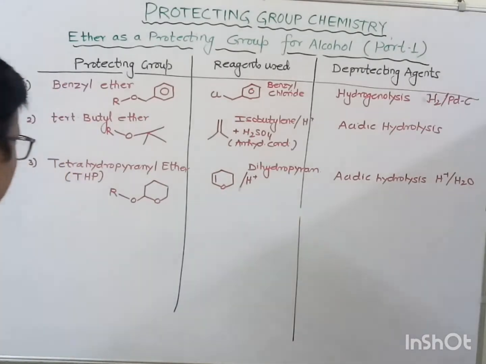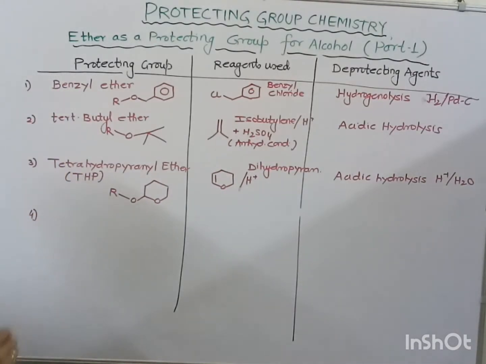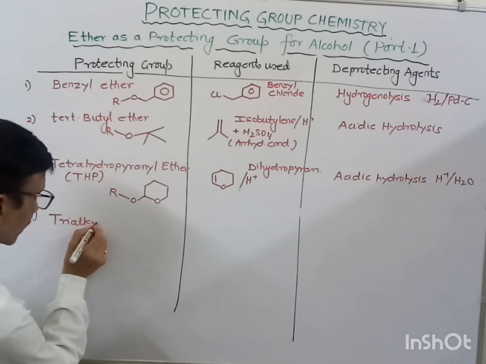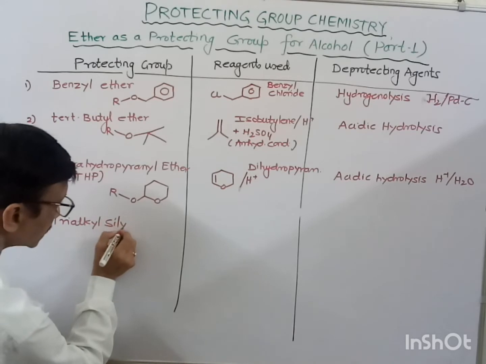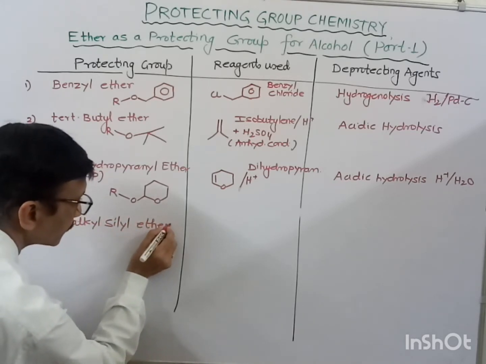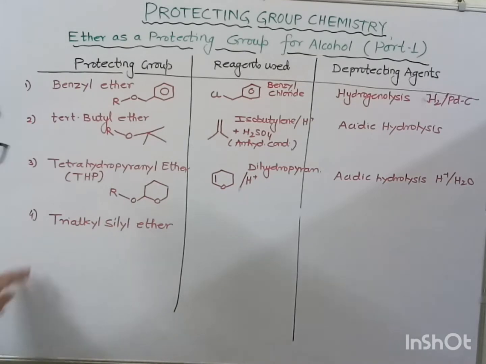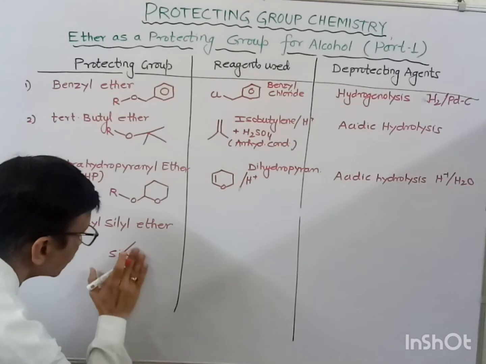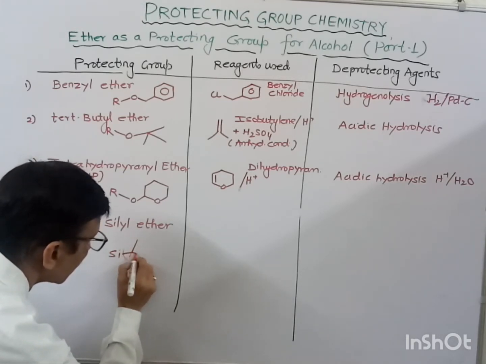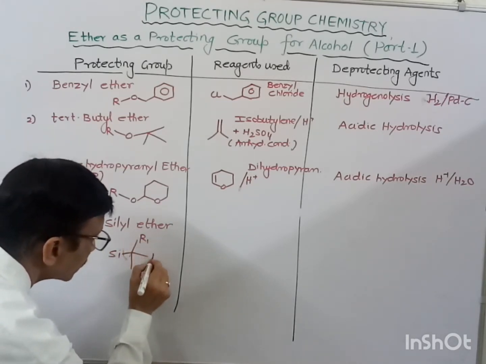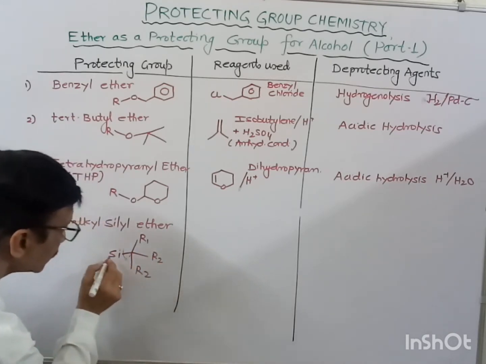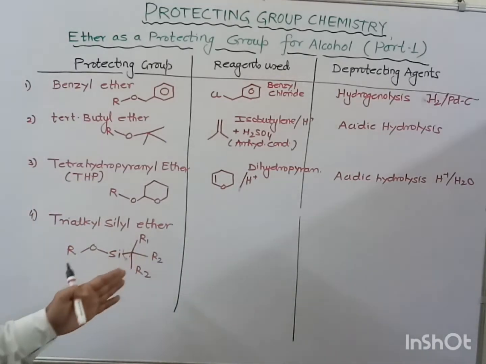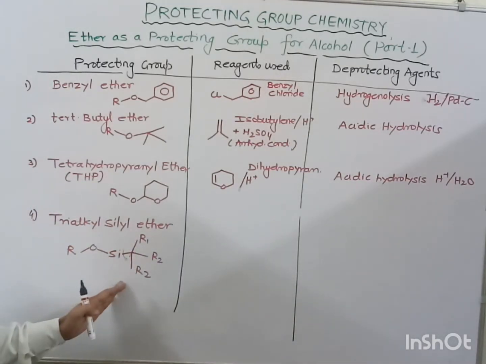Okay. Now, the fourth important one is trialkyl silyl ether. We may represent it by R1, R2, R3; different alkyl groups may be present over here.